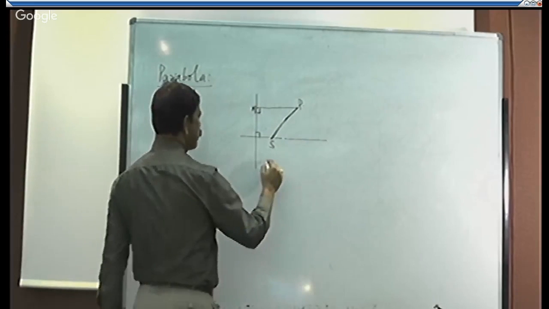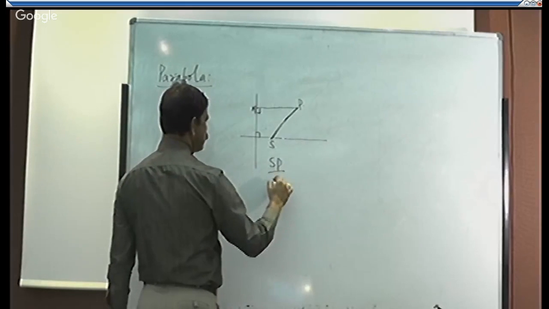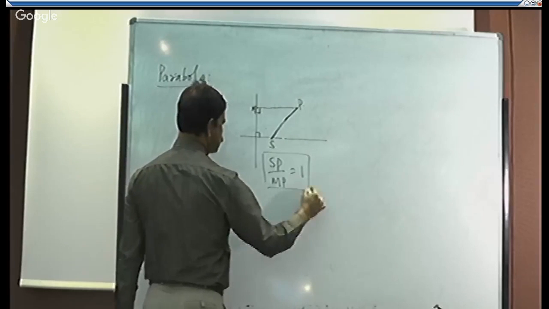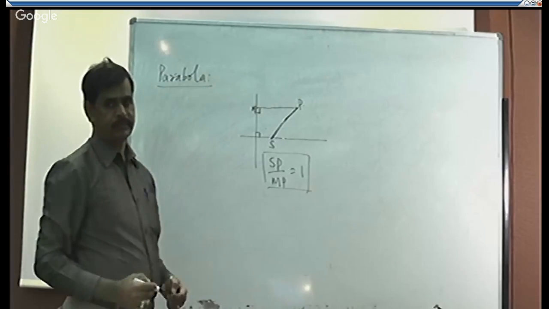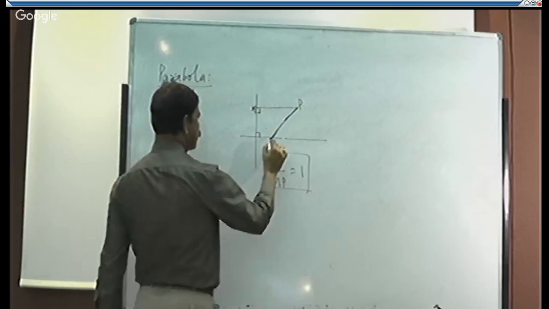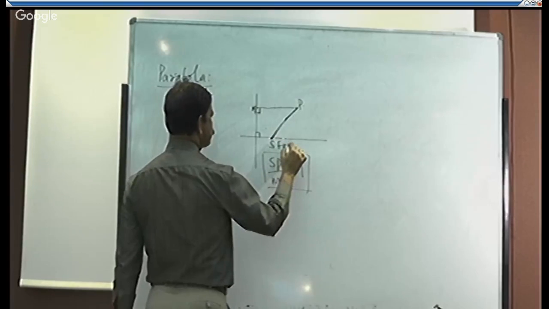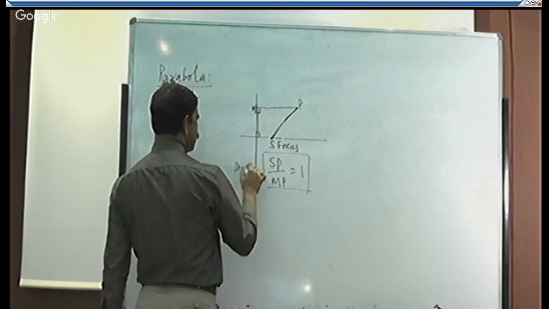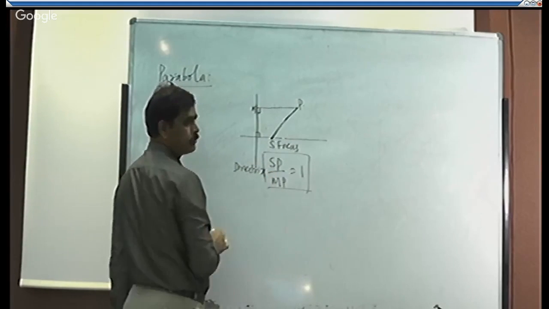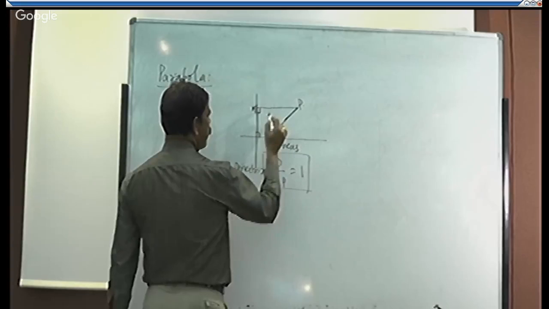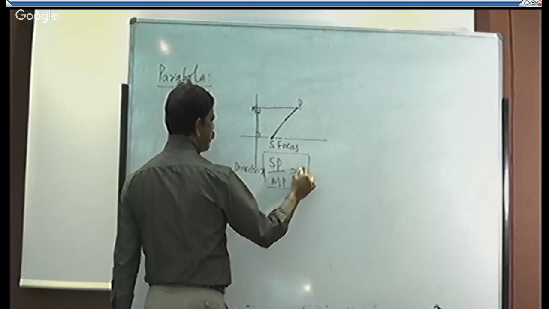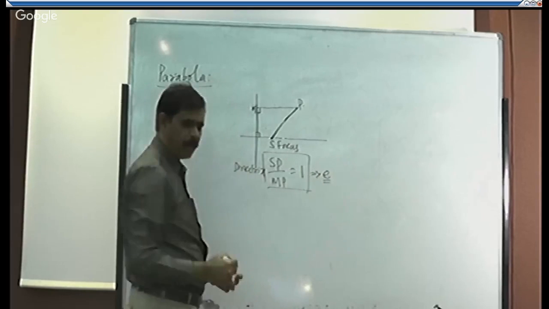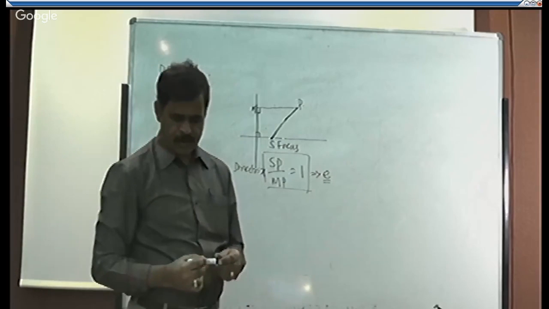That means eccentricity is equal to 1. That type of curve is called a parabola, right? So this fixed point is the focus, the fixed line is called the directrix, and the ratio is eccentricity. Eccentricity is always e equal to 1.